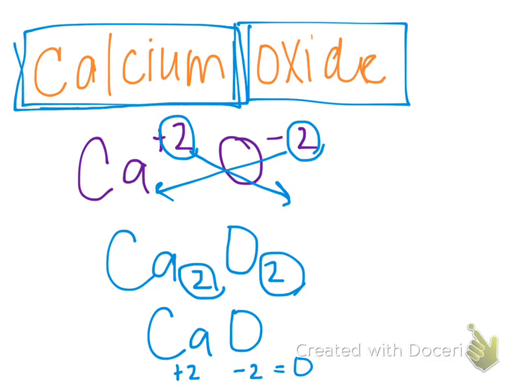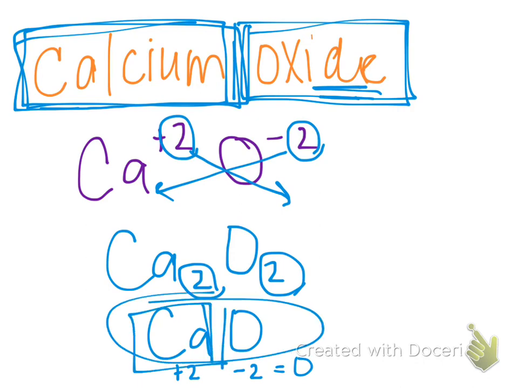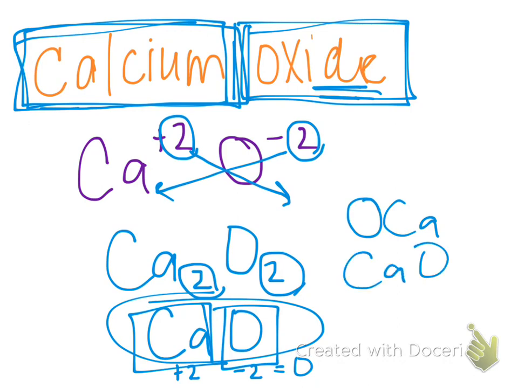Cations get to keep their name. Anions end in -ide. And we always write our chemical formula cation first, then anion. So we would never have a formula that looks like this, OCa. That's not how it works. Cation always gets listed first, then our anion.